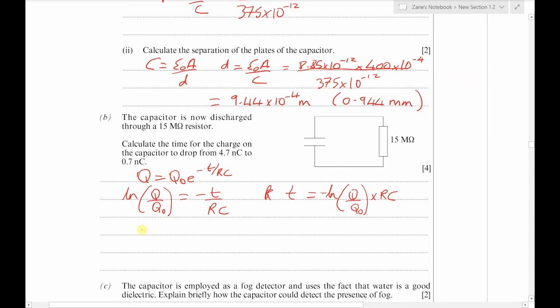So let's substitute the values into the calculator. So we've got minus log of 0.7 over 4.7. The nanos will cancel, so I'm just going to save myself a little bit of effort there. Times the resistance of 15 megaohms, mega 10 to the 6, times the capacitance of 375 picofarads.